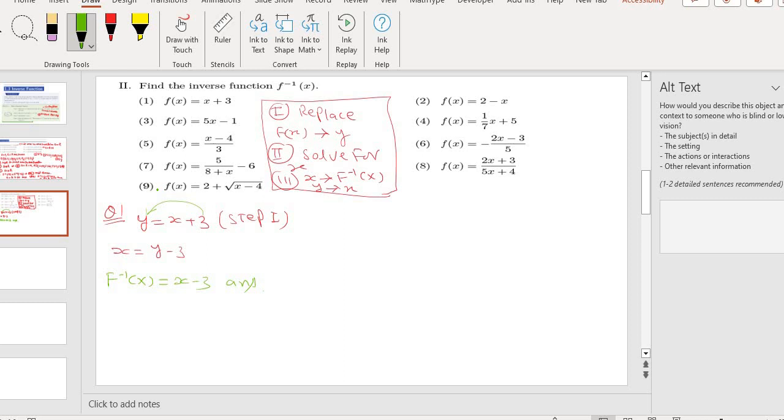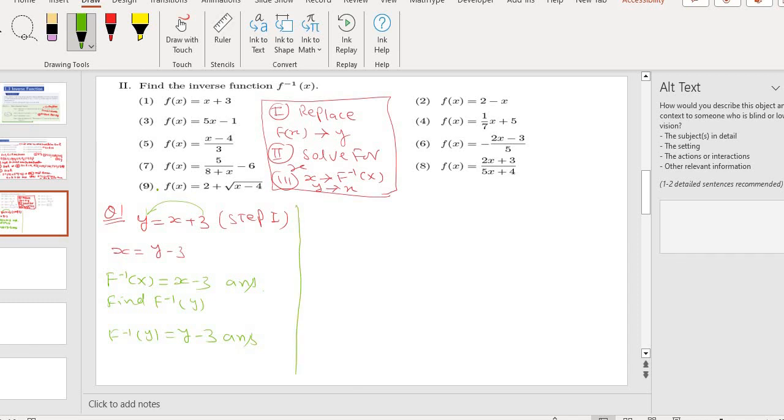If this type of question is asked in the exam, find f inverse of y, then nothing you have to do. In place of x, f inverse of y is equal to y minus 3. Just write it the same as it is. In place of x, write f inverse. So this is the answer of question number 1.